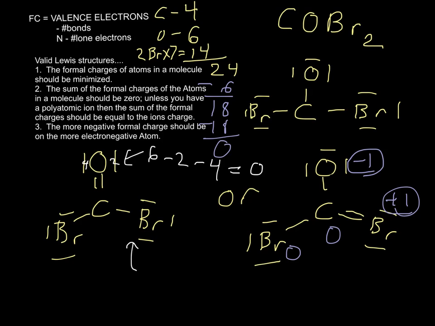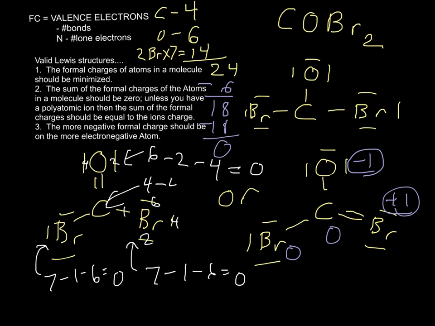My bromine right here, 7 valence electrons because it's in group 7A, 1 bond, 2, 4, 6 lone electrons, so it has a formal charge of 0 as well. This bromine's same as the other bromine, 7 minus 1 minus 6 or 0. And this carbon, 4 valence electrons, 4 bonds, no unbonded, so it has a formal charge of 0 as well.